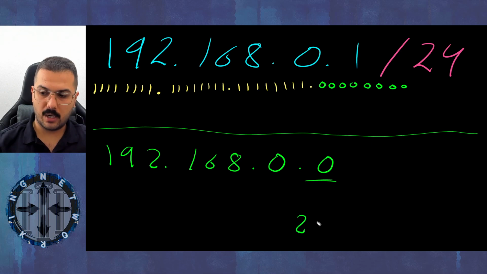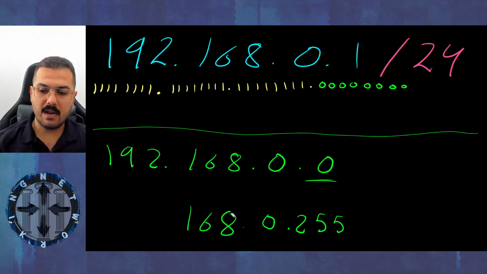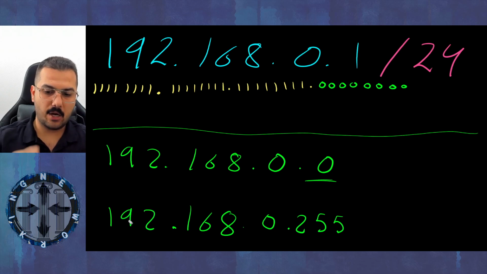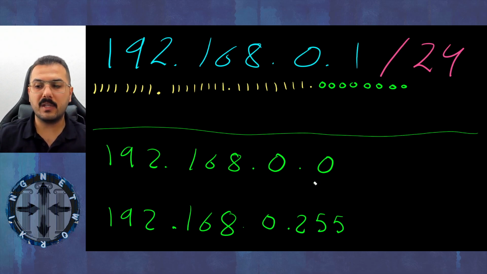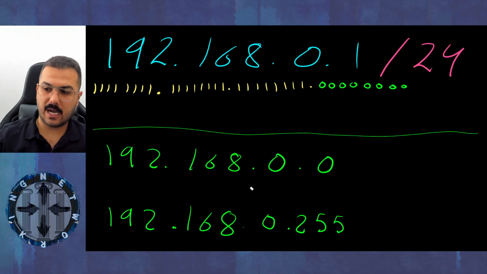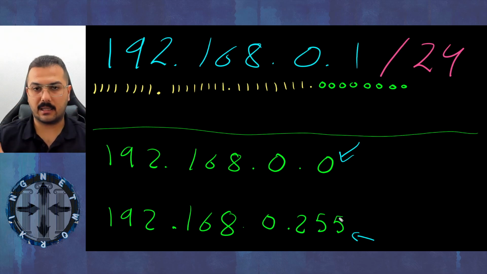This will definitely be 255 for two reasons. Reason number one, math, and two, you can never see in your life a number more than 255 in an octet. So this is the very first IP, and this is the last IP that you can ever see within that network or broadcast domain or subnet.